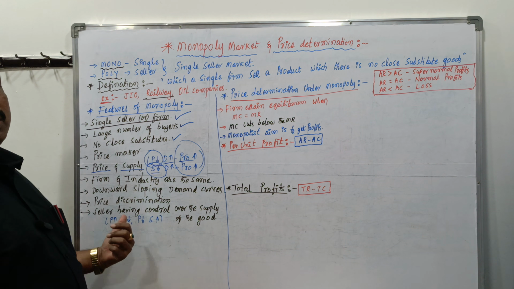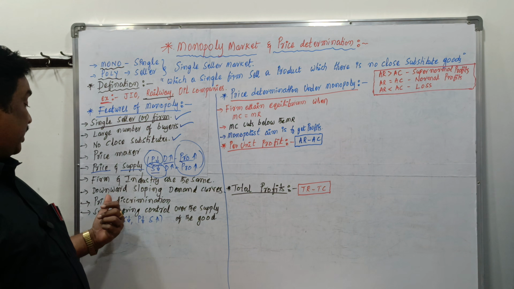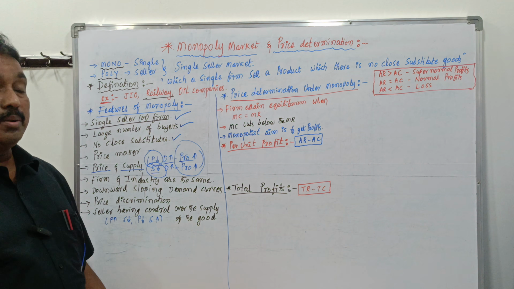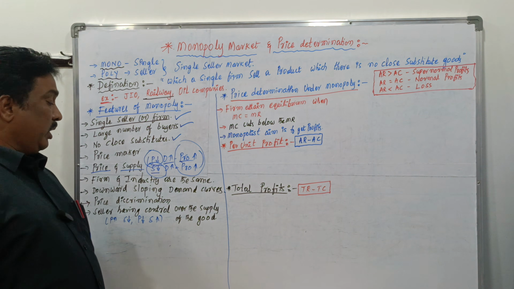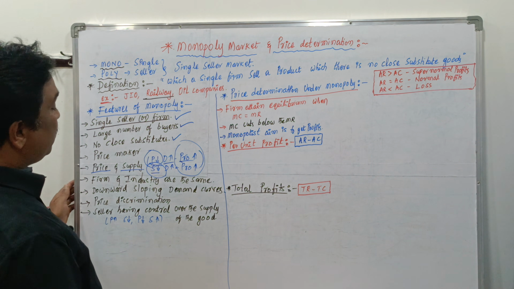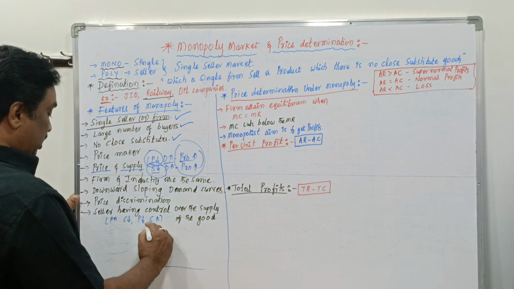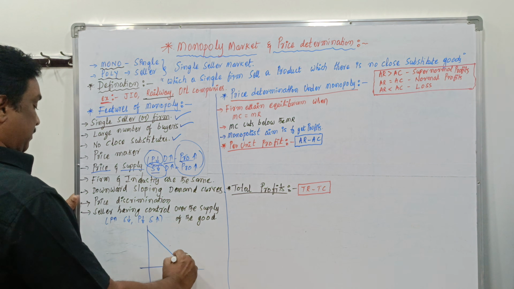And another important feature of the monopoly market: downward sloping demand curves. In the monopoly market, the revenue curves or demand curves go from left to right downwards.